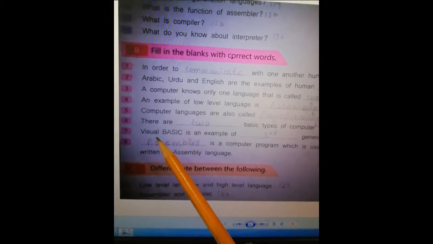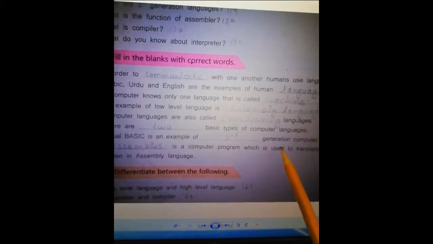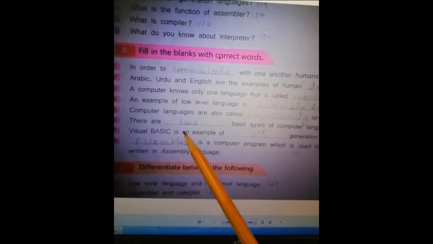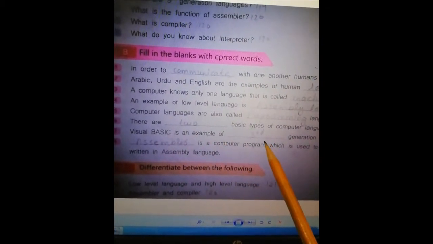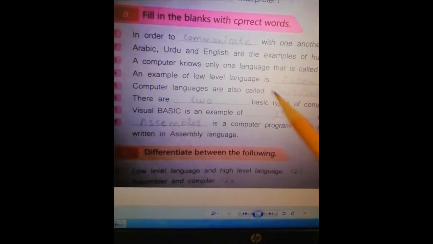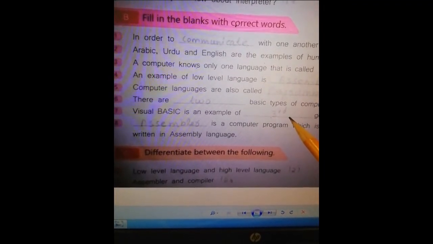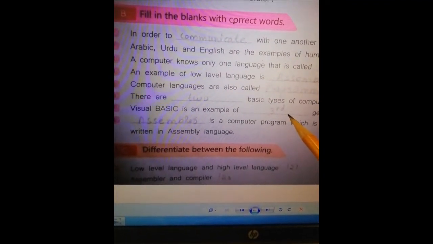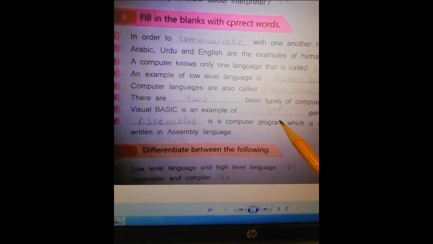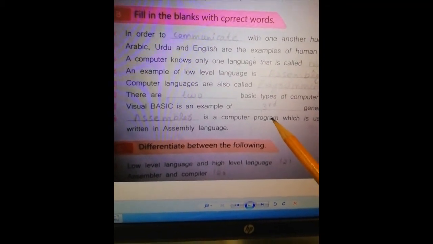Number 7, Visual Basic is an example of dash generation computer language. Visual Basic is an example of third generation computer language. We have two references of Visual Basic. An updated version of Visual Basic is in 4th generation language, but actually Visual Basic is 3rd generation language.